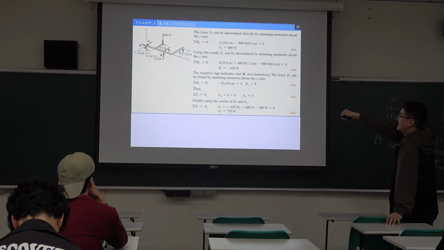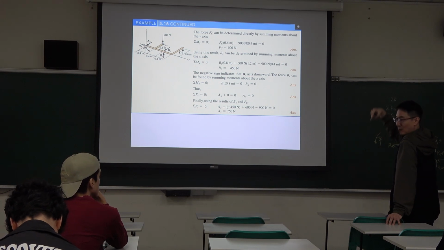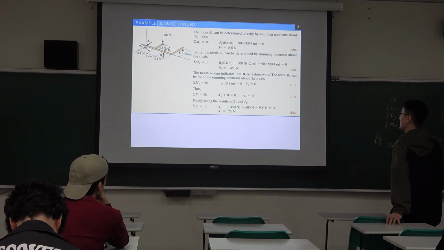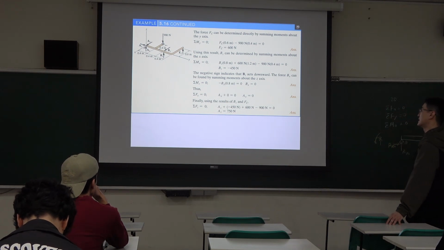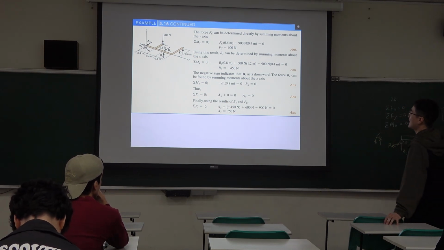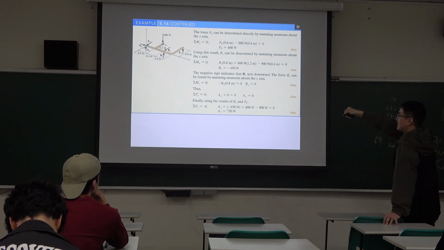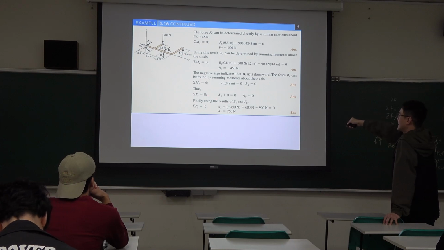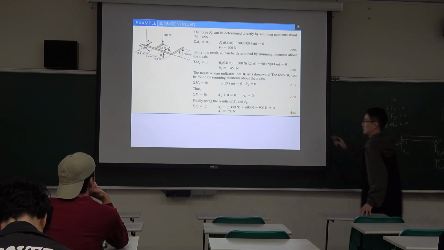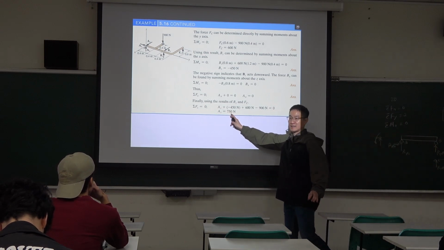So that means BZ, the force is downward. Okay, so BZ is downward. So we know BZ is downward, FC is upward, and 900 is downward. So the equilibrium equation can help us work out AZ.